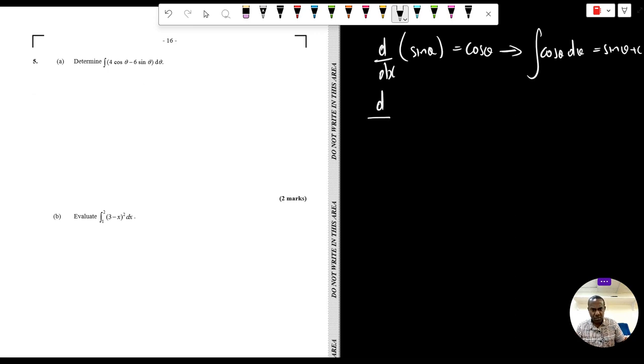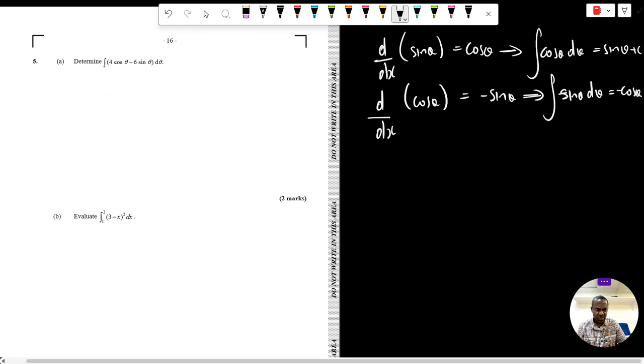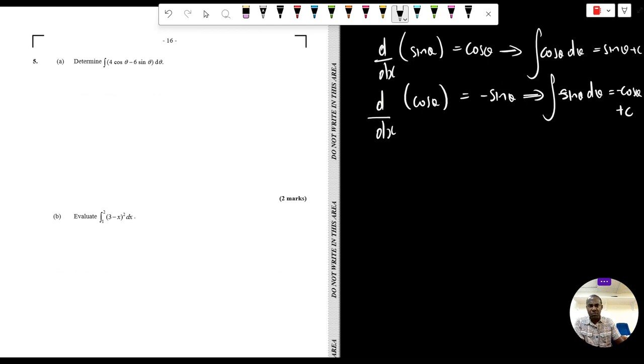Similarly, d by d theta of cos theta is equal to minus sine theta, which therefore implies that the integral of sine theta d theta is equal to minus cos theta, and of course, we may be tempted to put our integration constant c.